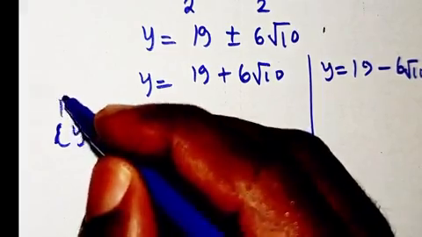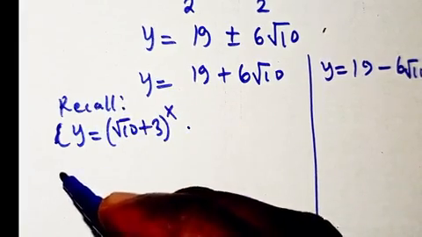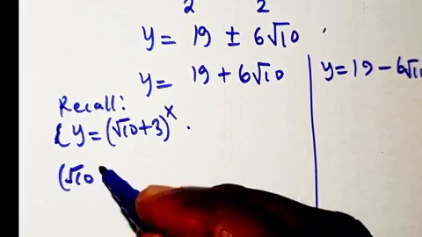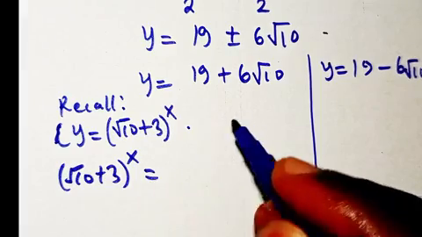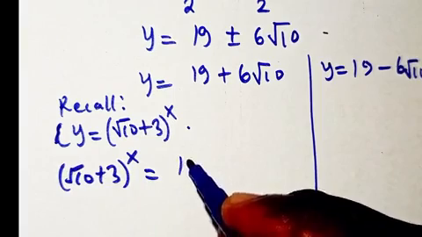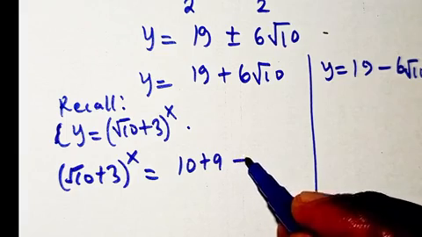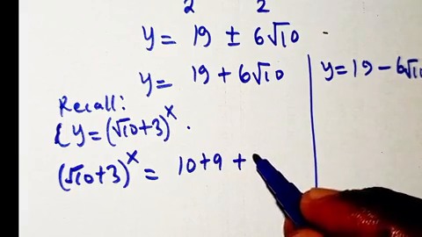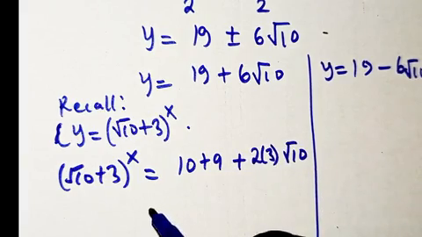So recall, we have root 10 plus 3 all to the power of x, then equals, here I'm going to write this 19 as 10 plus 9, plus I will write this 6 as 2 times 3 root 10.